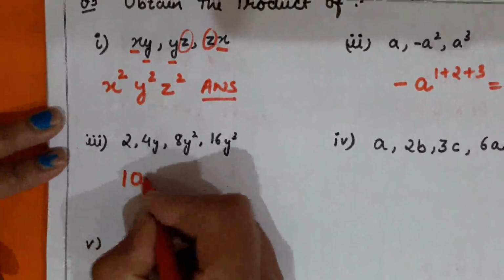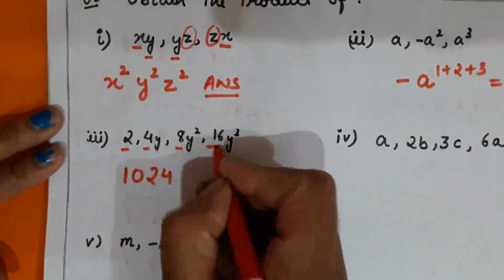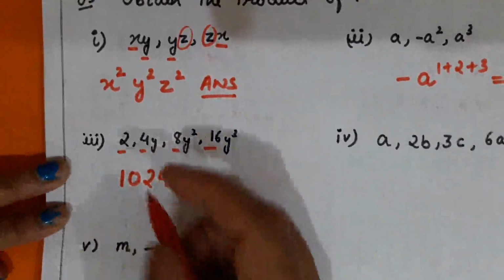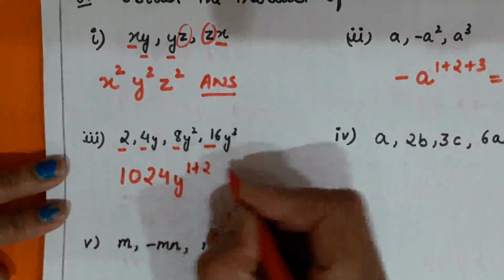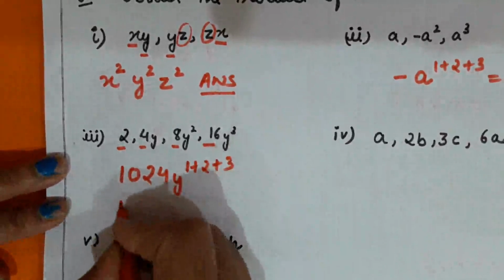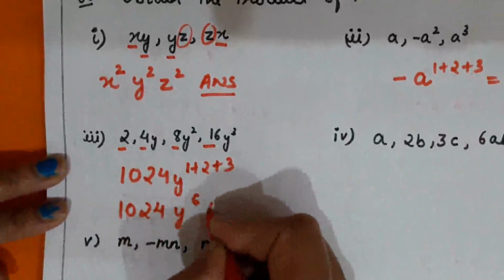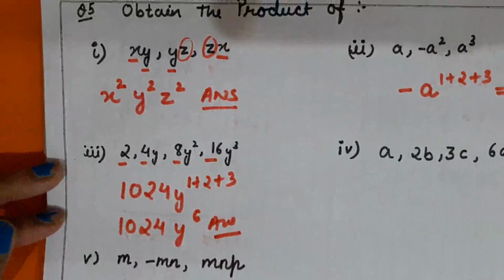So after multiplying the numeric values, this 2, 4, 8 and 16, you will get 1024. Now let's check out the variable. Here y, 1 plus 2 plus 3. So you can write 1024 y ki power 6. Okay, so this will be your answer.